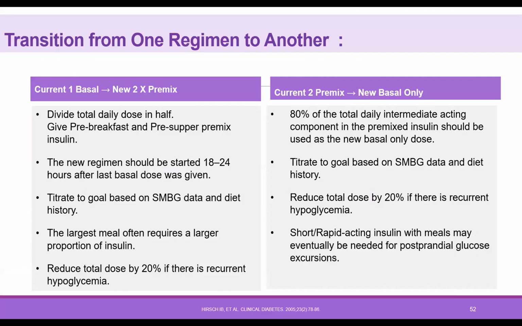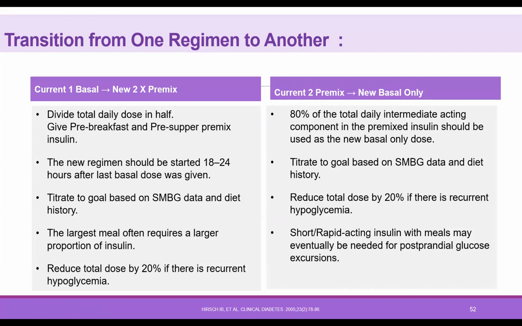Now, how to switch the patient from the premixed insulin to a new basal insulin? You have to give 80% of the total daily intermediate acting component in the premixed insulin as the new basal insulin. For example, this patient was receiving, say, 40 units of insulin in the whole day. Out of this 40 units, 70% is basically the basal insulin.